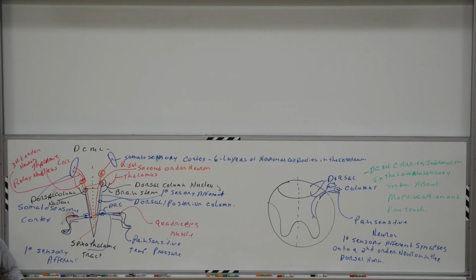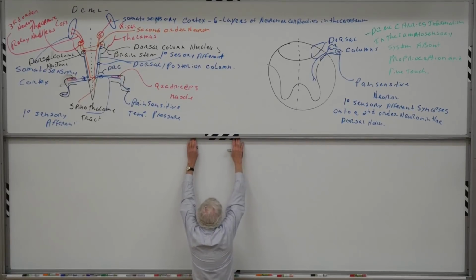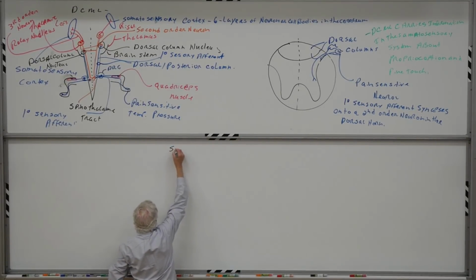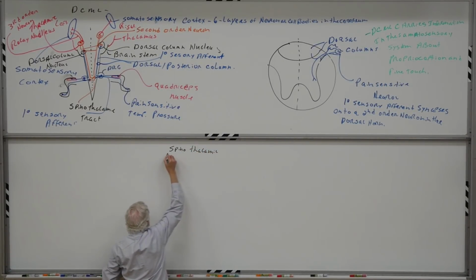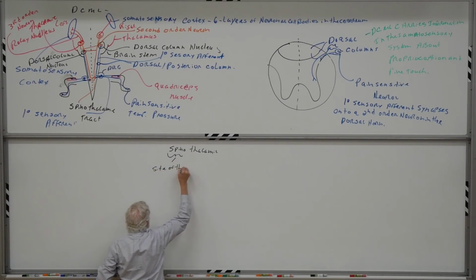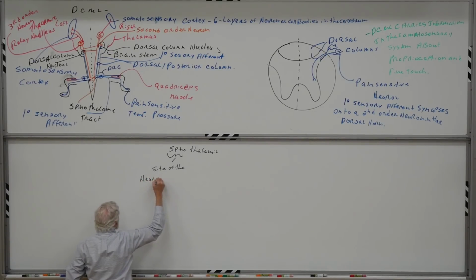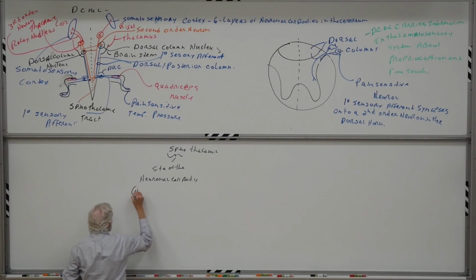Well, let's take a moment here and just unpack this terminology of spinothalamic. This is important because this is the common nomenclature that we use when we talk about neuroanatomy. When we say spinothalamic, this syllable, spino, tells us the site of the neuronal cell body. You can equally say input region.